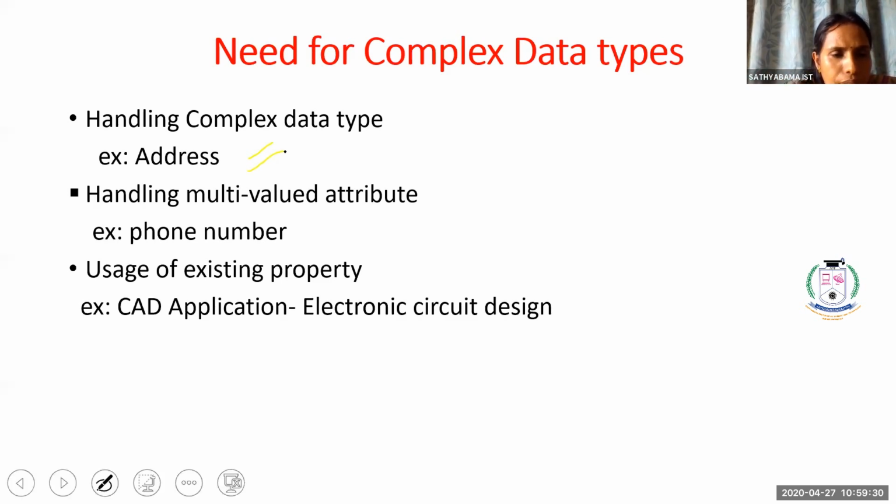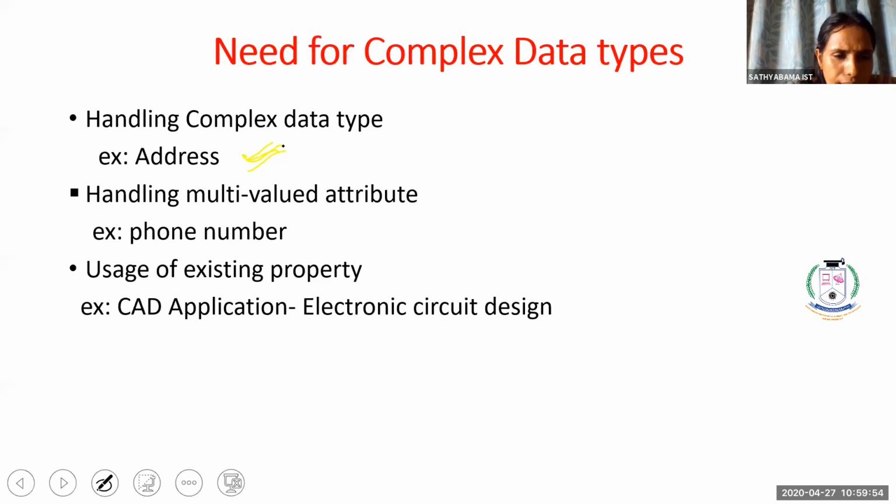We have one data type we are going to use, called a structure. By using the struct object, we can handle this address as only one attribute. No need to segregate it into different columns. The entire complex data type can be just one column. That is also one of the needs.